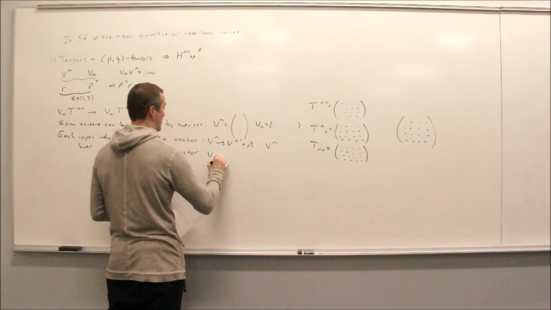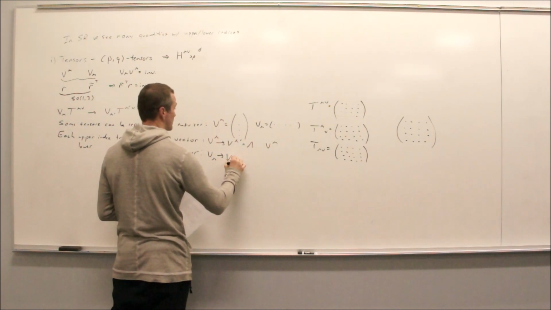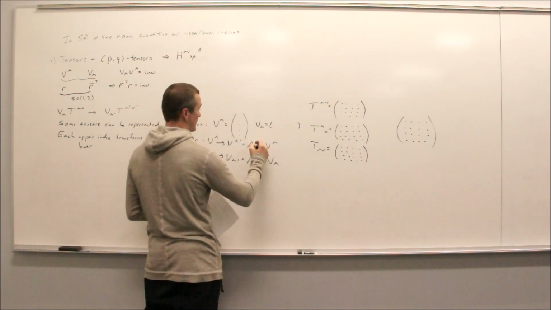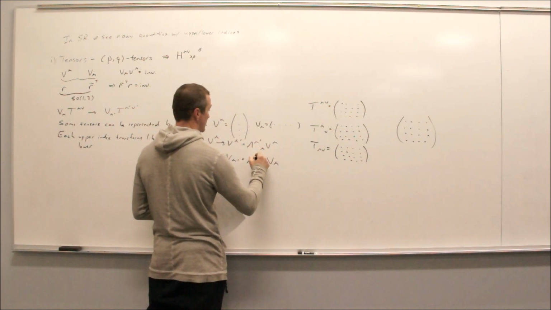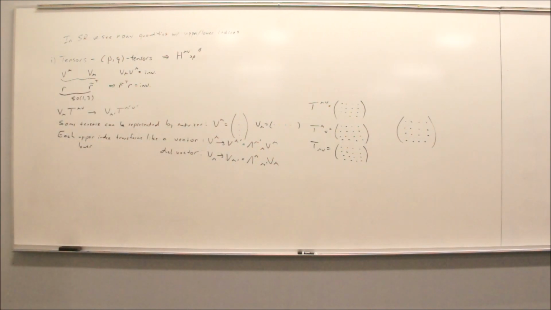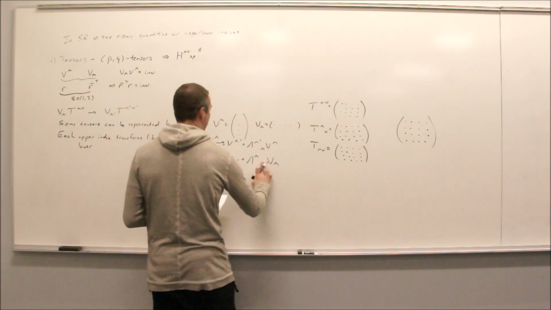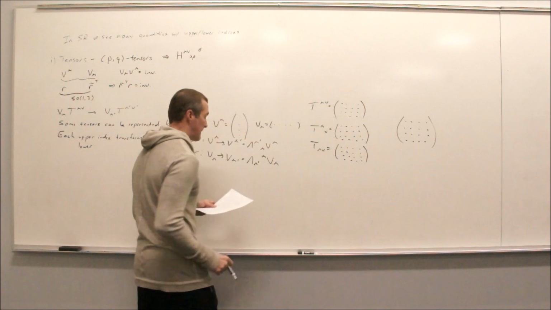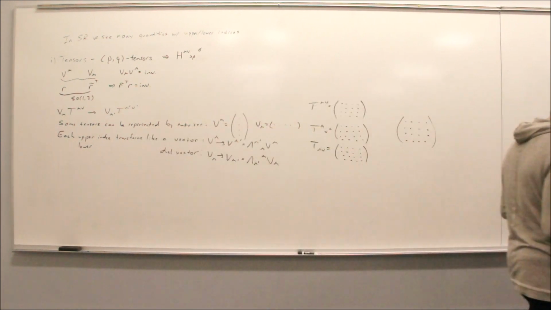And if I have a lower index, I have the lower index transformation rule, where this is mu prime mu, and this is mu prime. Oh, sorry. Okay.